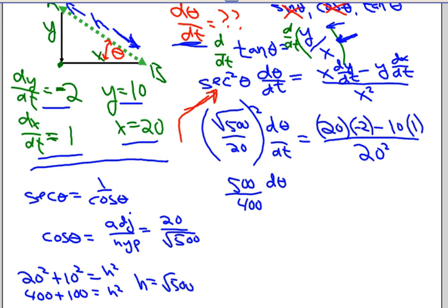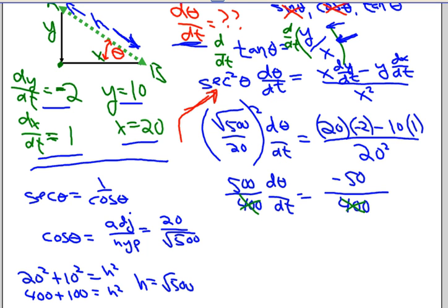That'd be d theta dt equals, oh, look on the bottom here, another 400. And the top here, it looks like a negative 40 minus 10. Looks like a negative 50. So, doing just a little bit more work here, I can see the 400s cancel out.